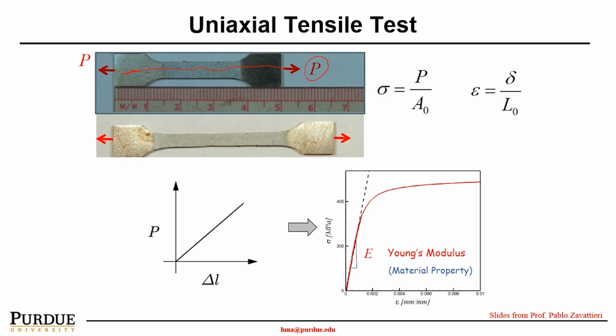Therefore, the tensile stress sigma equals P over the area A naught, and the strain epsilon equals delta L divided by L naught. So we can get this stress-strain curve as shown here.